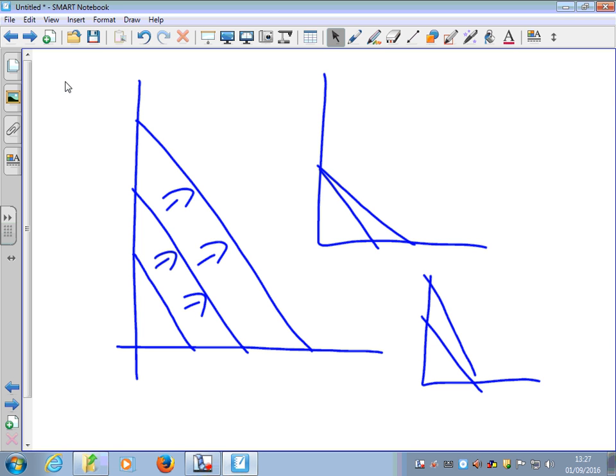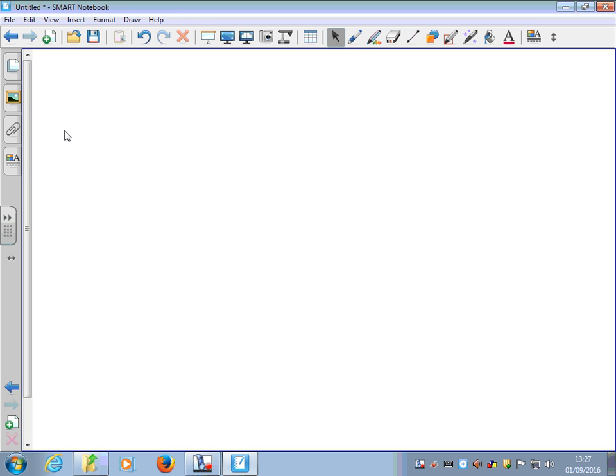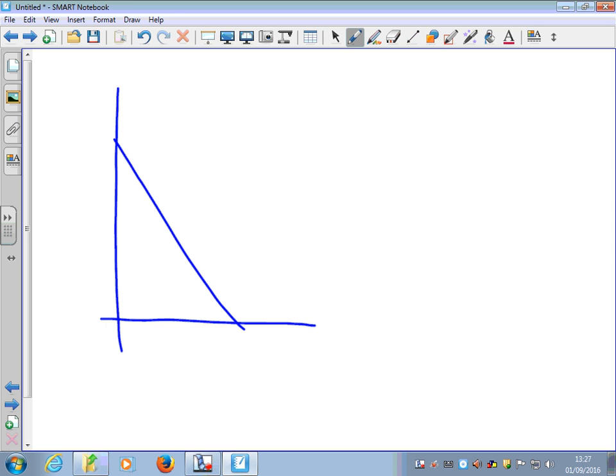Okay, now what we can use this idea to think about now is the idea of economic growth. If I go for this production possibility boundary again, let's imagine I start off here. Let's think about this as consumer goods and capital goods again.